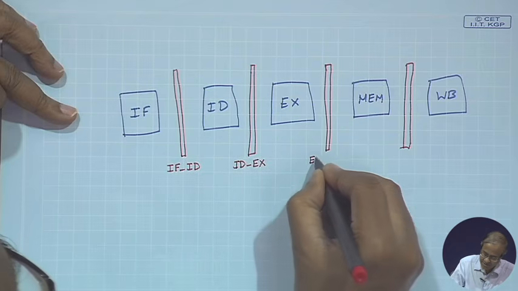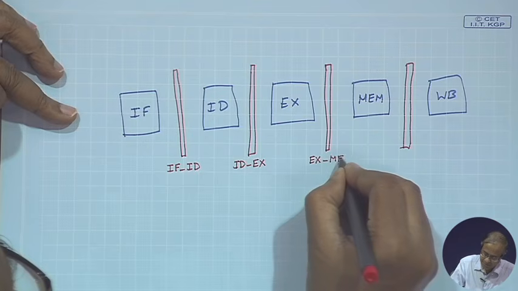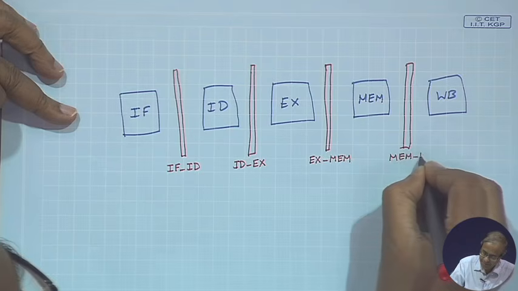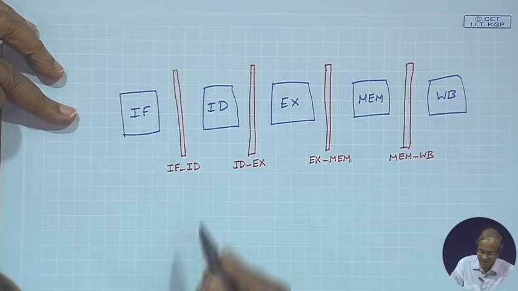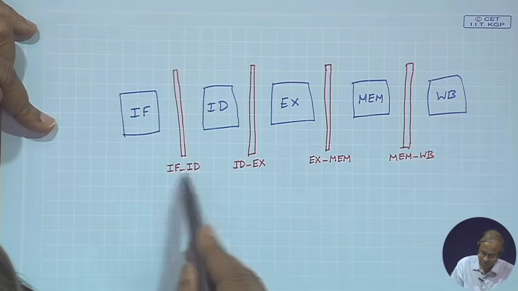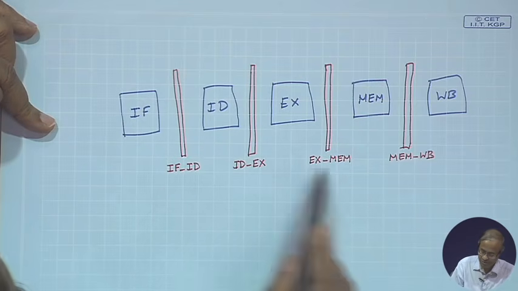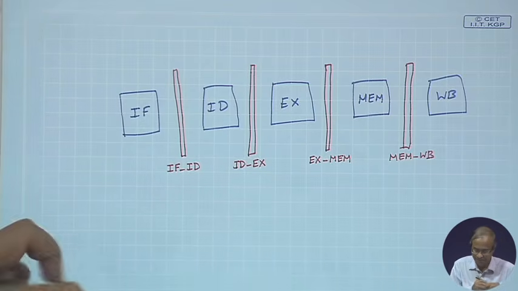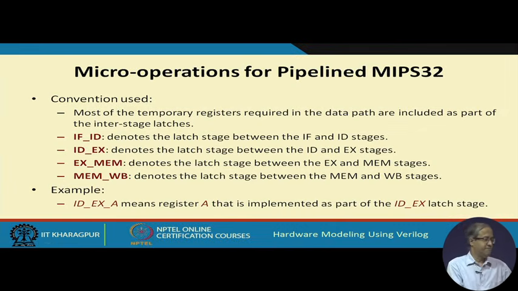We call this EX underscore mem, and we call this mem underscore WB. So, this is the convention we will be following. The latch stage we will be representing using this underscore notation, between which pair of stages this latch stage sits. Okay. Fine. So, this is the convention that I have just talked about: IF_ID, ID_EX, EX_mem, and mem_WB.